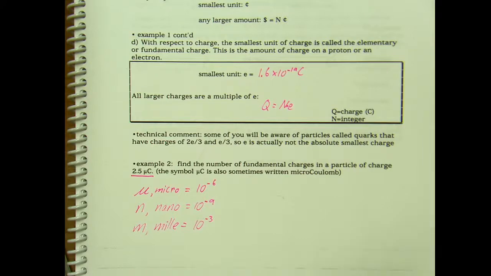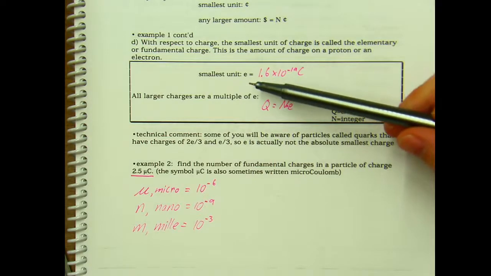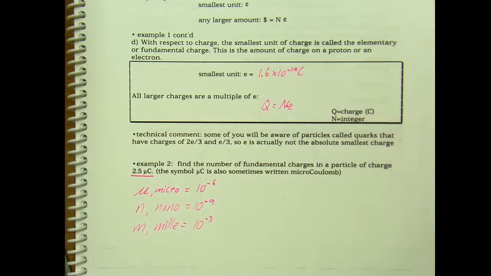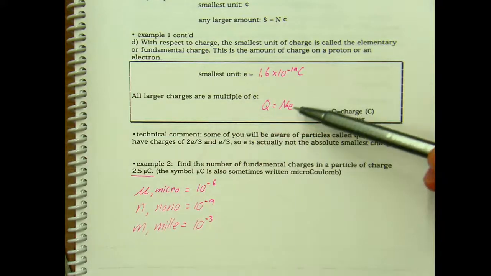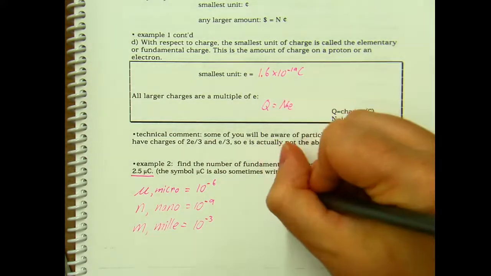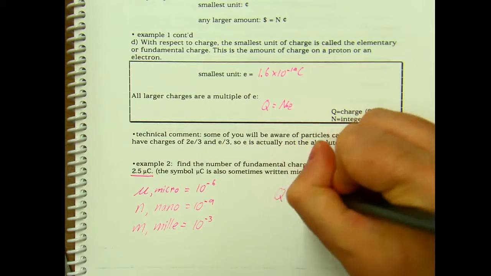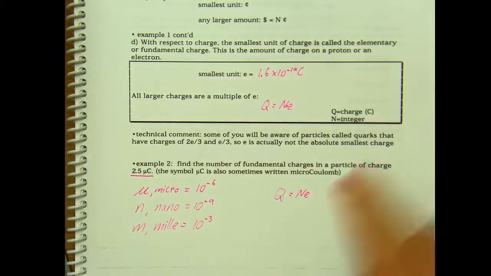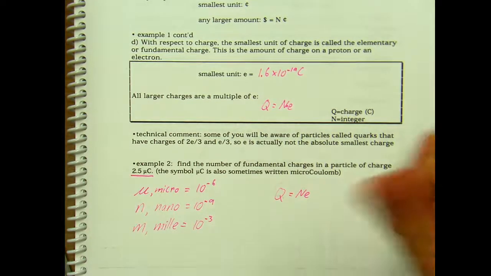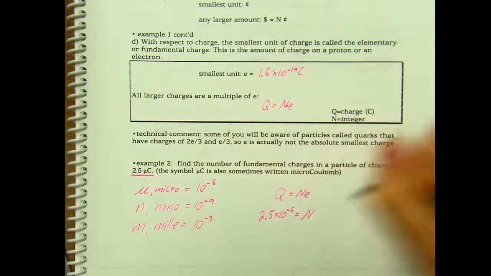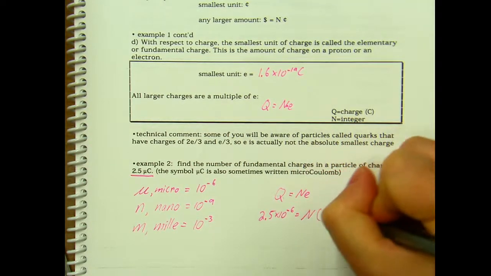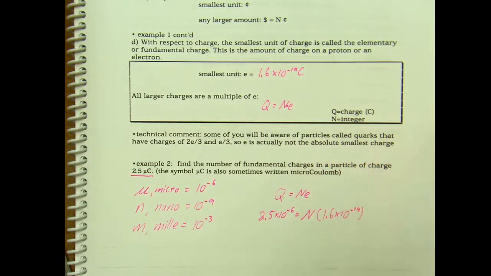So if we wanted to know how many elementary charges, how many electrons or protons would I have to put together to give me one blob of charge that has a total charge of 2.5 microcoulombs, we would use this relatively simple equation, where total charge is equal to an integer multiple of elementary charges. We're told that the total charge is 2.5 microcoulombs, so I've got 2.5 times 10 to the negative 6 is equal to some integer multiple of 1.6 times 10 to the negative 19.